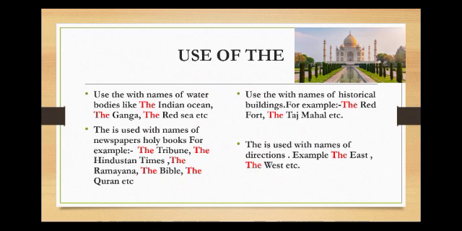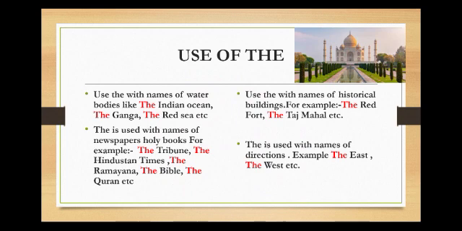Now, children, if you are talking about water bodies, that means I'm talking about all the rivers, the oceans and seas, etc. So, if you are talking about water bodies, then use the with their names. For example, the Indian Ocean, the Ganga, the Red Sea, the Brahmaputra, etc. Children, when you are talking about newspapers, then use the with their names.